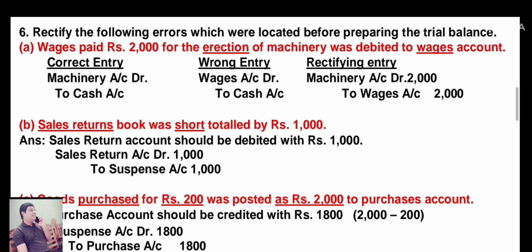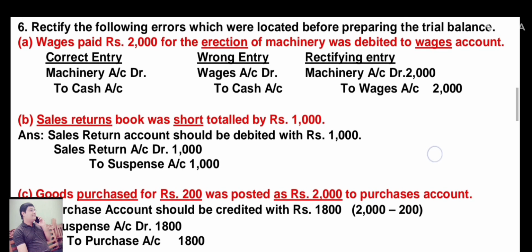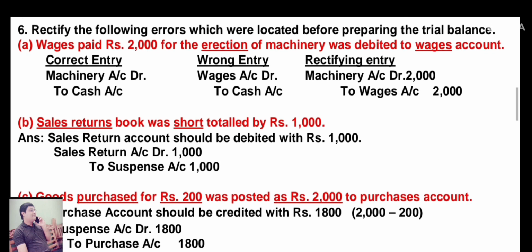Wages paid rupees 2000 for the erection of machinery was debited to wages account. Normally, whenever we purchase machinery, all the erection charges, erection means installation charges, must be added to the machinery account. But instead of writing machinery, they wrote wages.